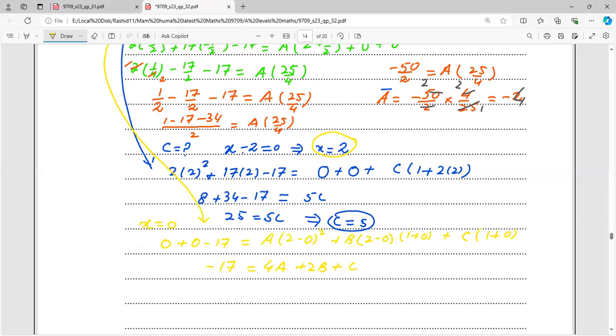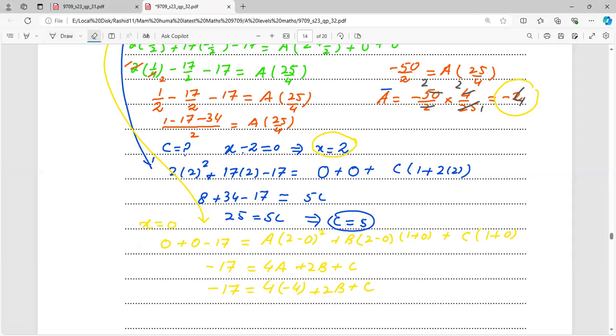Now to find the value of B, we already have the value of A, which is -4, calculated. I have the value of C, 5. So -17 over here, 4 as it is. You have to put the value of A, that is -4. Then you have plus 2 times B, which is unknown, and plus C. This value of C we already have, plus 5.